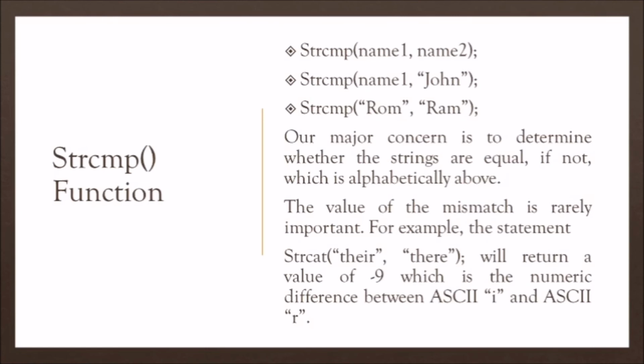So for example, the statement strcmp("their", "thei") would return a value of -9, which is the numeric difference between the ASCII values of the mismatching characters, because there is a difference there. The previous three characters, the, are the same. Okay, so this is how strcmp works.